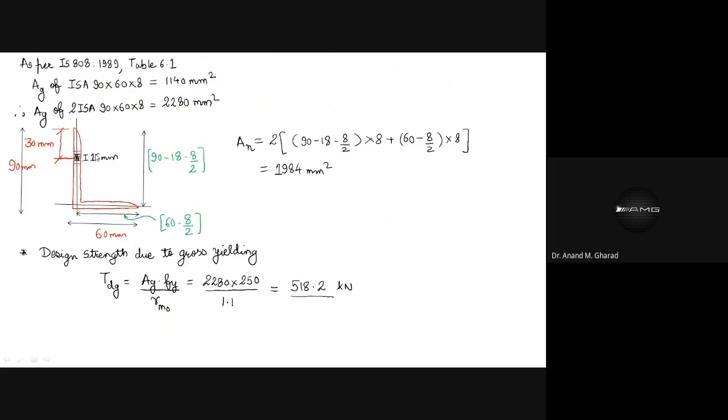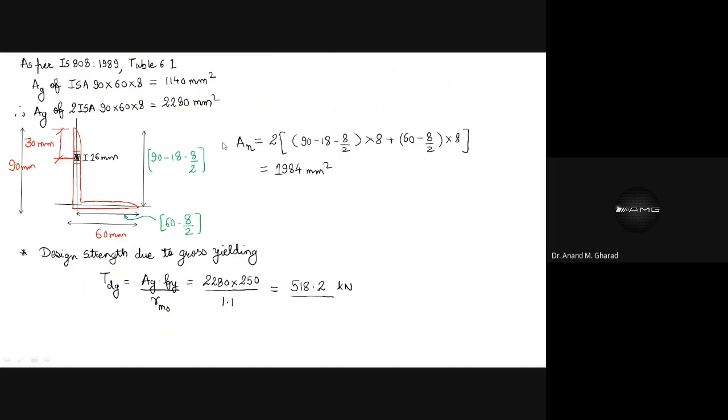And therefore, while calculating the AN value, AN is nothing but the summation of the net areas of the longer leg and the shorter leg. So you can see the deduction part has to be considered. ये देखो, ये 90 mm total distance है from this point to this point.